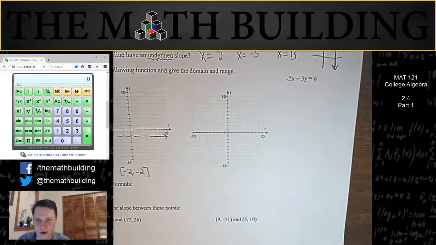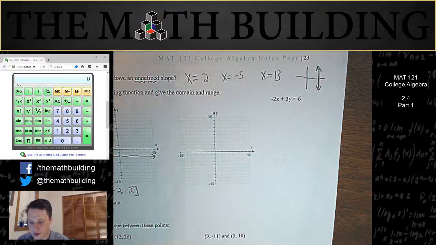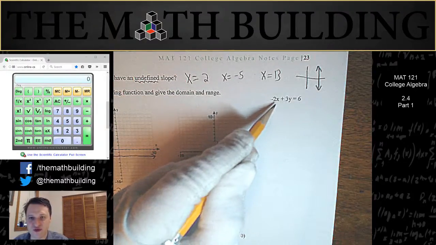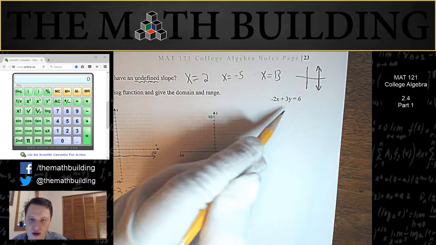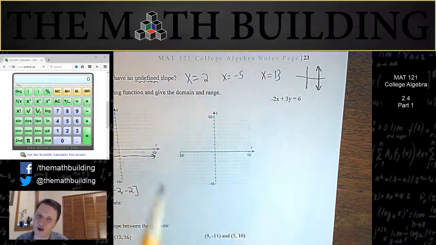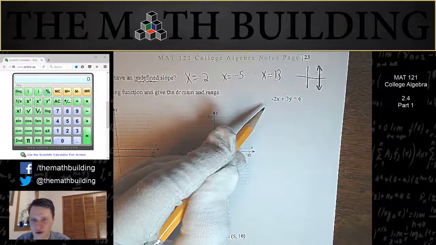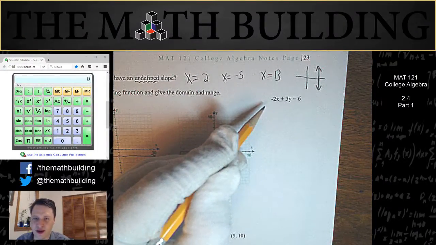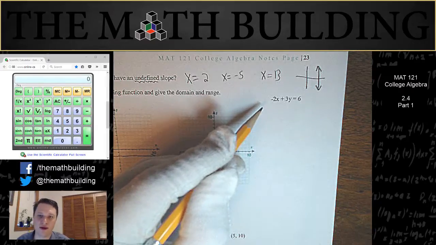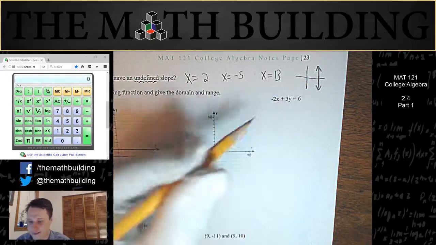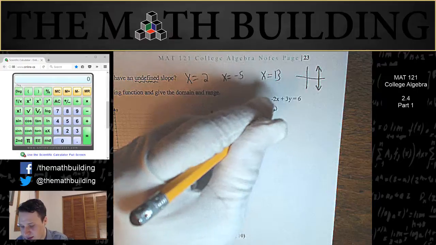I have time to do one more. Let's graph this: -2x plus 3y equals 6. The way we graph this line, and again, hopefully this is review, is by putting it in y-intercept form, and so that means solve for y. So first we add the 2x over.